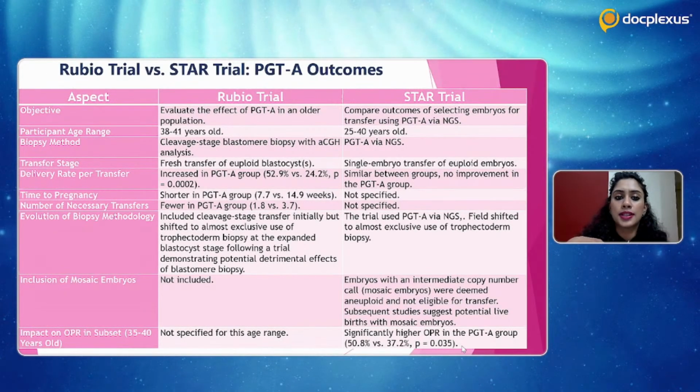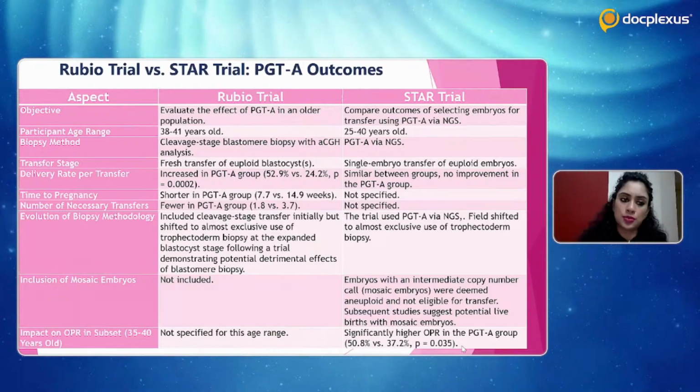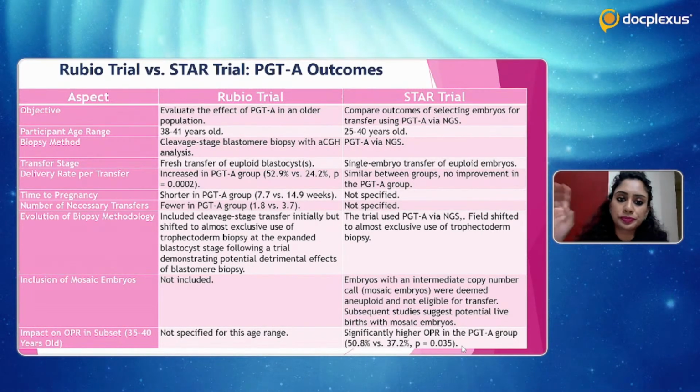Age group was 38 to 41 in the Rubio trial, and the STAR trial included age group 25 to 40. Cleavage stage biopsy was used in the Rubio trial using the CGH method, and in the STAR trial, PGTA via NGS was used. In the Rubio trial, fresh transfer of the euploid blastocyst was done, and in the STAR trial, single embryo transfer of the euploid embryos was done.